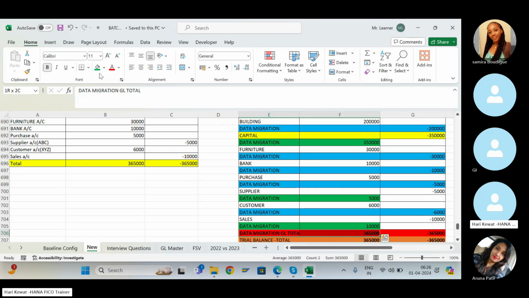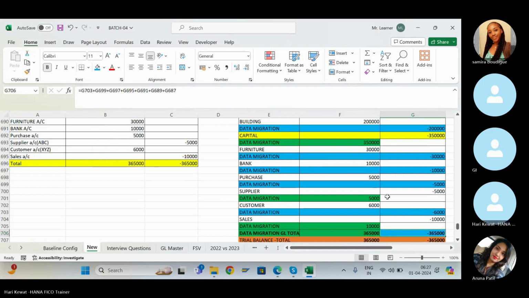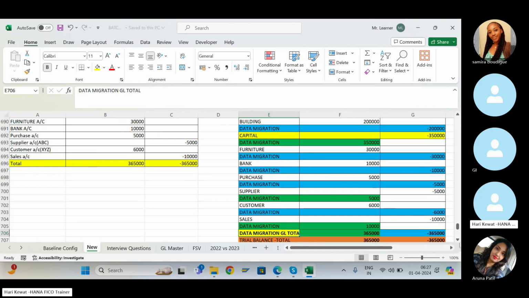Let me color only this side in green, and this side in another color. Now similarly, see this side, the data migration GL balance: 6,000, then 5,000 became 11,000, then 10,000. Just a minute.